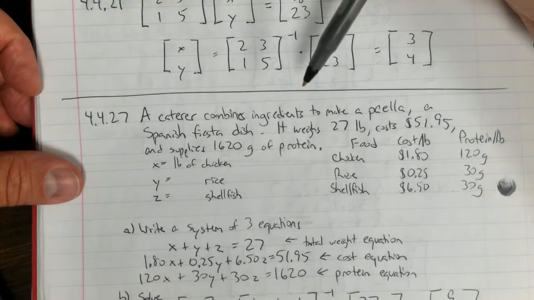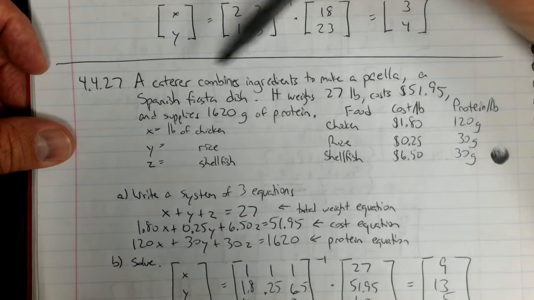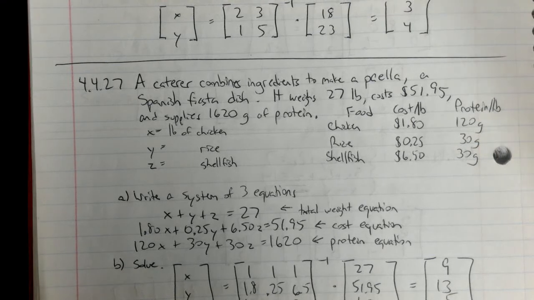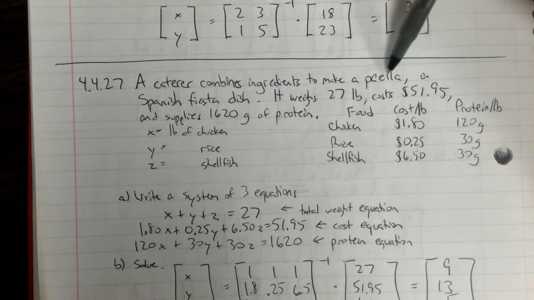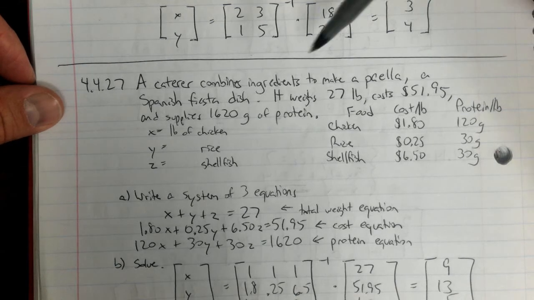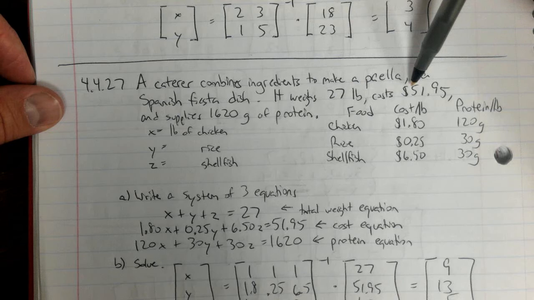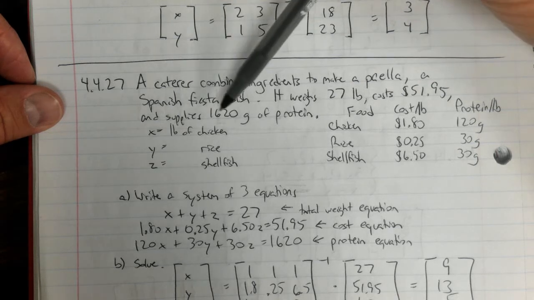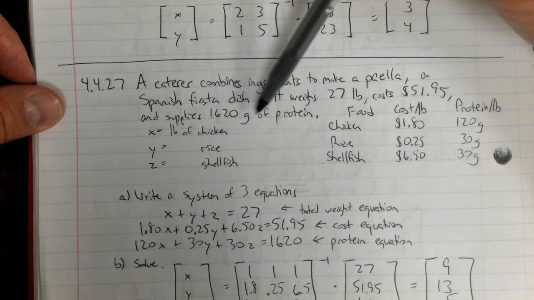Okay, then on this one, it's a word problem. A caterer combines ingredients to make, now I don't speak Spanish, paella, or whatever you want to call it. It's a Spanish fiesta dish. It weighs 27 pounds, costs $51.95, and supplies 1,620 grams of protein.